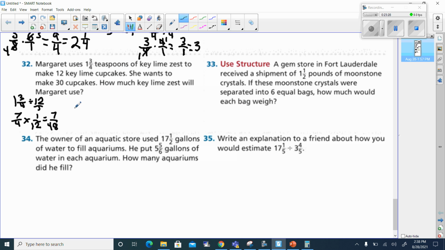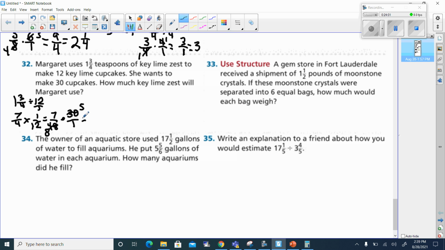Now that I know how much 1 takes, I can multiply that to 30. This is where it gets a little tricky. If I use the butterfly method, I know 48 and 30 are both divisible by 6, because 6 times 5 is 30, and 8 times 6 is 48.